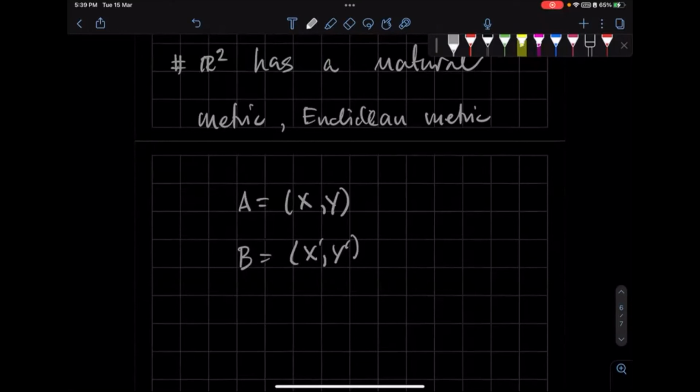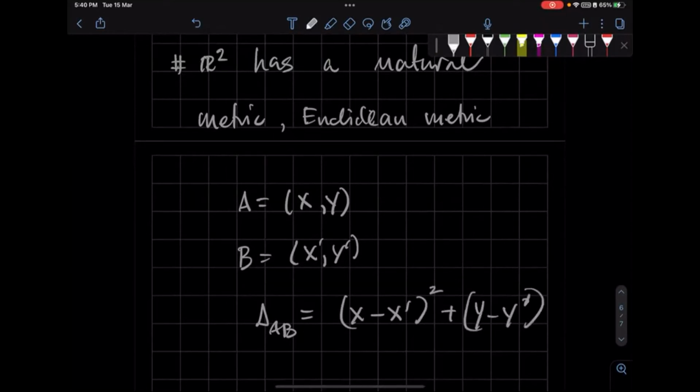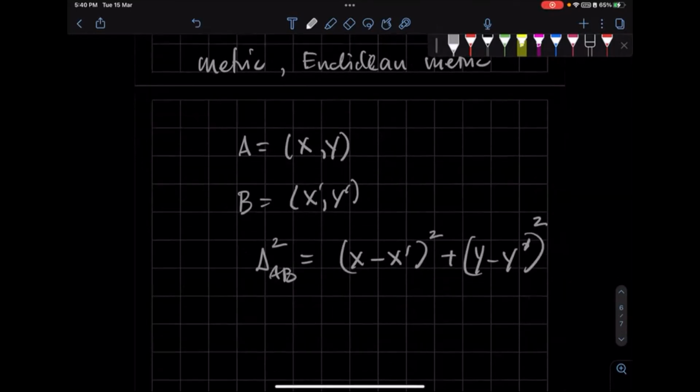These are points, not vectors. We can measure a distance between A and B, call it delta AB, and this is (x minus x') squared plus (y minus y') squared. This is the natural notion of distance, the one that we use in Pythagoras' theorem, right?